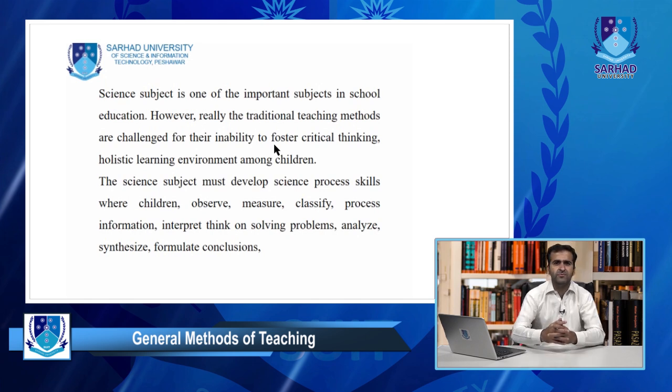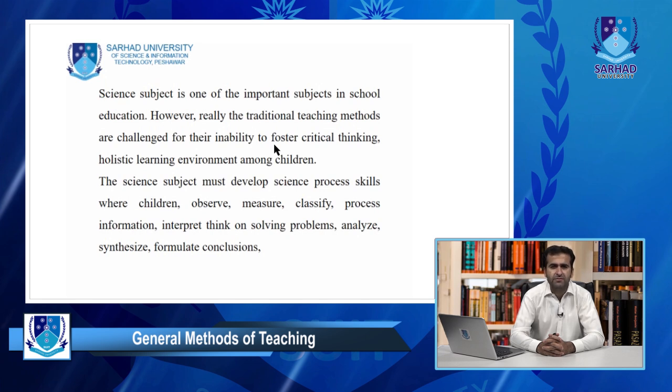Anyhow, we are moving toward certain science subjects. The science subject is one of the important subjects in school education. It is important for the reason that it develops the IQ abilities of the students.